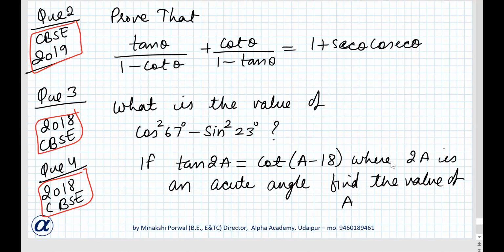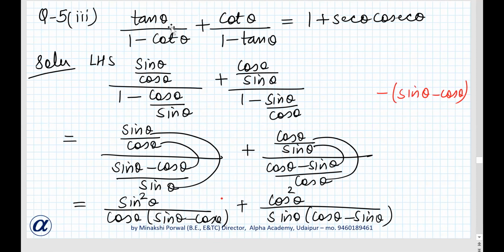Question number 2. Okay, so question number 2, we have already solved. It is a question of the exercise. Okay, so here we'll solve this way. Tan theta we will convert to sin theta upon cos theta. Cot theta we will convert to cos theta upon sin theta. And then we'll take the LCM of the denominators first of all.